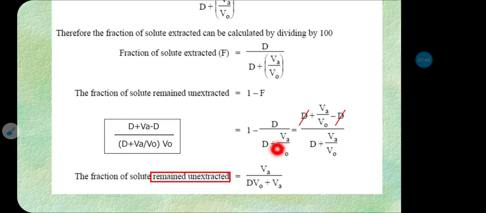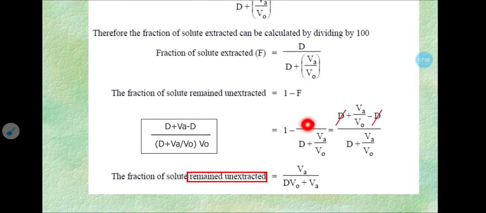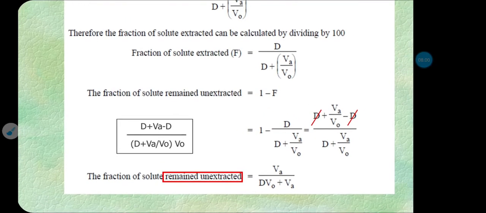To make the base equal, this whole thing will be multiplied by 1, that means D plus Va upon Vo minus D, then the base will be the same, that is D plus Va upon Vo.